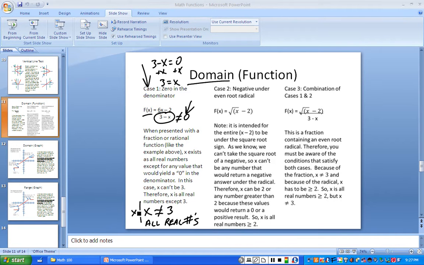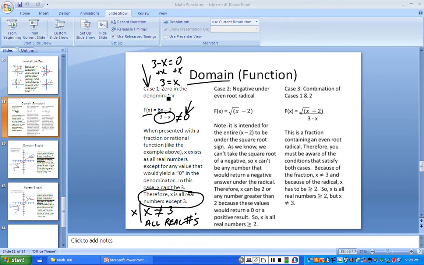So x can be all real numbers such that x cannot equal 3. That's the one thing that gets us in trouble: if the denominator is 0. So if x is 3, 3 minus 3 gives us a 0 in the denominator.